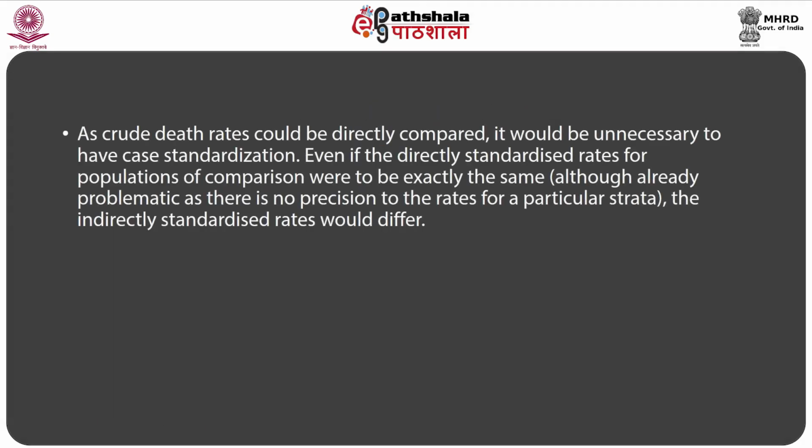A crude death rate could be directly compared. It would be unnecessary to have case standardization. Even if the directly standardized rates for populations of comparison were exactly the same, although already probabilistic, as there is no precision to the rates for a particular stratum, the indirectly standardized rates would differ.